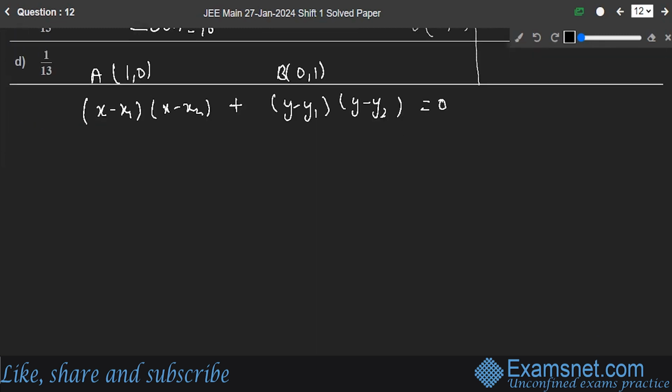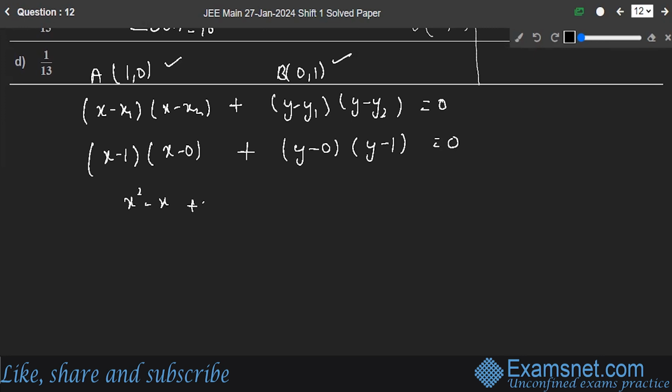Here, x1, y1 is 1, 0 and x2, y2 is 0, 1: (x minus 1)(x minus 0) plus (y minus 0)(y minus 1) is equal to 0. That makes x squared minus x plus y squared minus y is equal to 0, or x squared plus y squared minus x minus y is equal to 0.